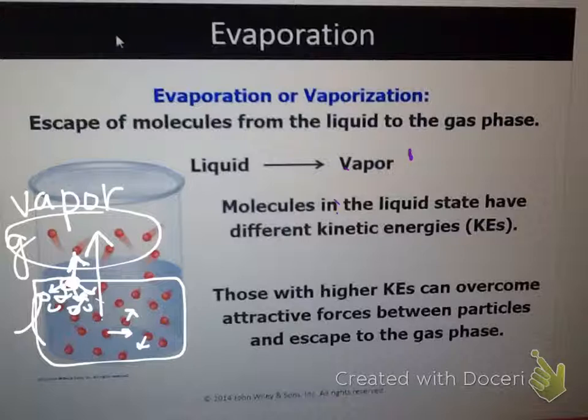The phase change from the liquid layer to the gaseous layer is called evaporation. And if the evaporation occurs above a liquid, sometimes it's called vaporization. So that's exactly what we're going to define first.